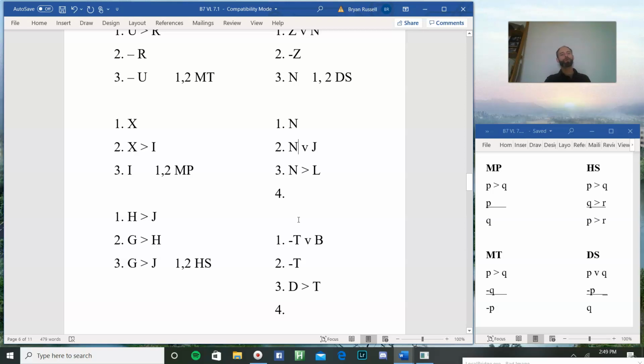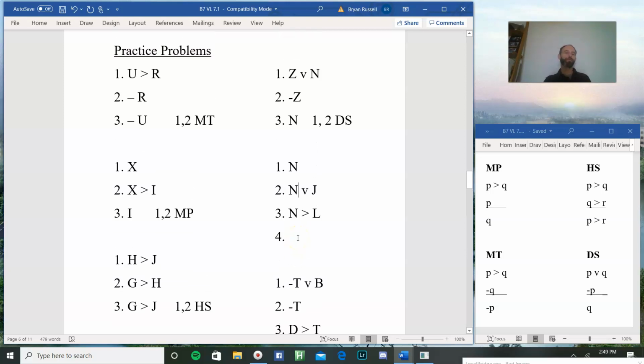All right, so far so good. We've been given practice problems where we only have 2 lines, and we're asked, can we derive a third line? And we can with all of these so far. Now, in the next practice problem, down over here, we're given 3 lines, and we're asked, what rule can we apply and derive something from those 3 lines?